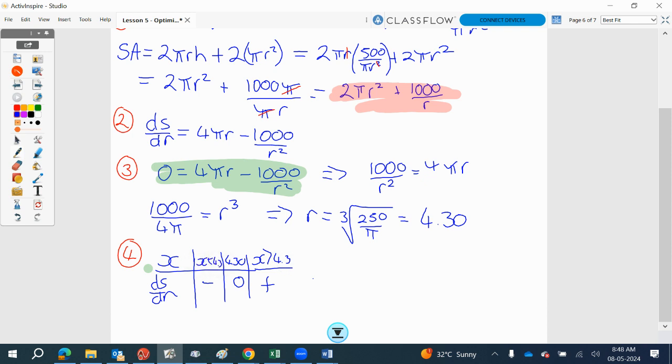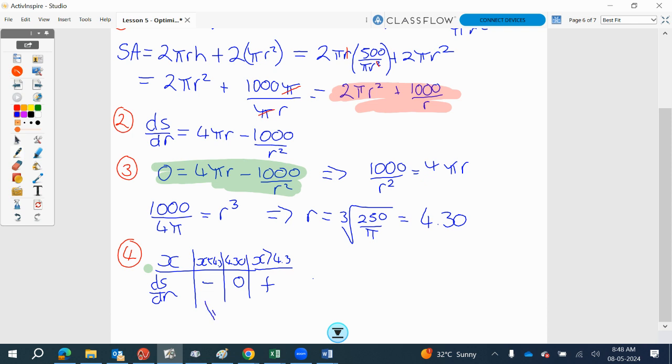So here in this table, we're looking at the value of the derivative before and after the point that we found. Is this a minimum or a maximum value? Why? Negative, 0, positive.